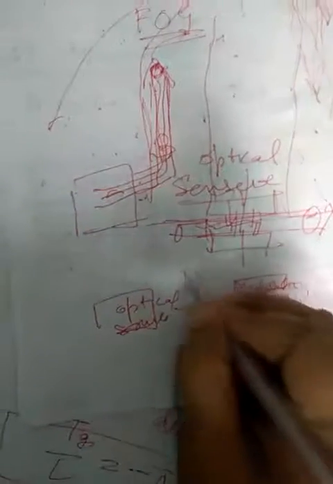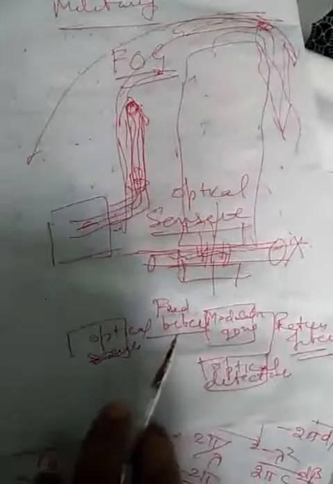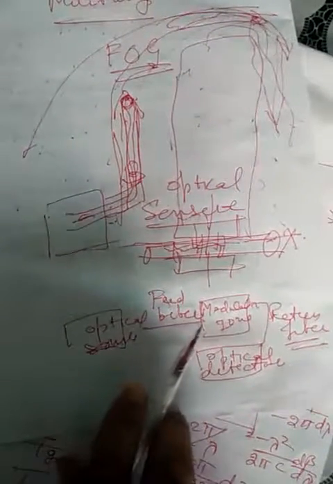These are fed into the fiber, and this is a return fiber. So what happens in this case, the light beam is modulated directly or indirectly in the modulation zone. Modulation we have already discussed earlier. Modulation means riding of a signal over another signal.